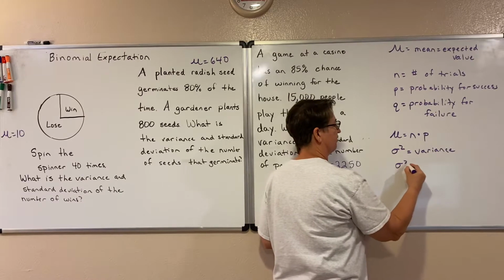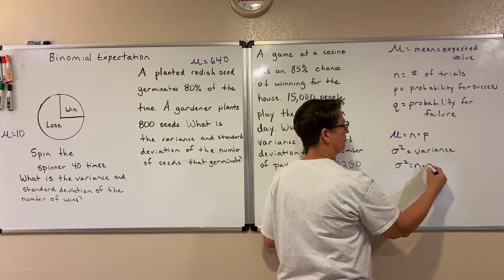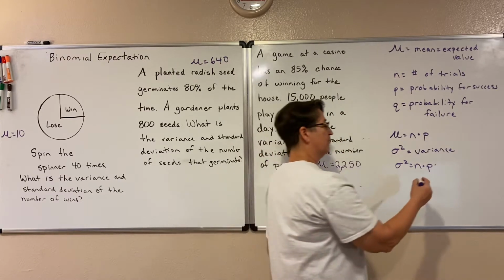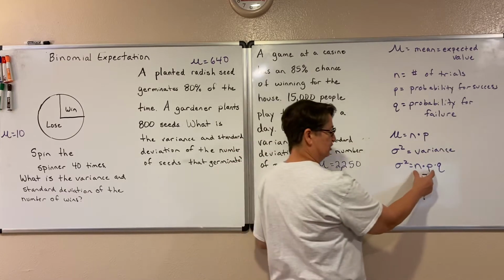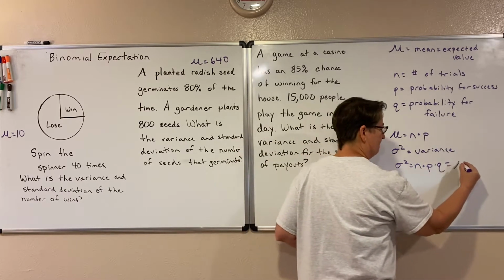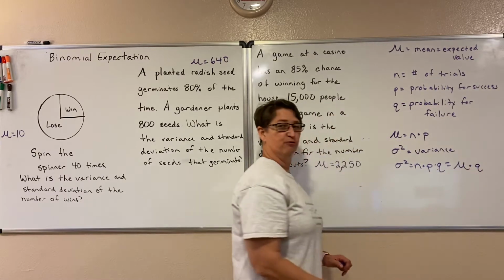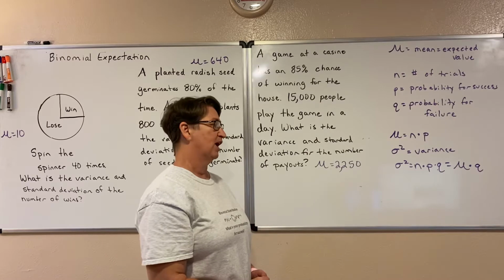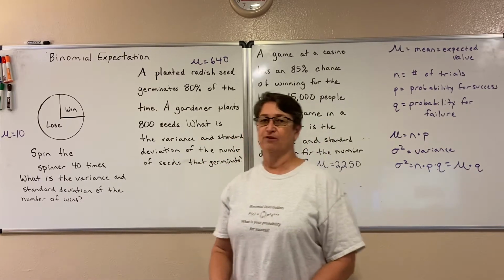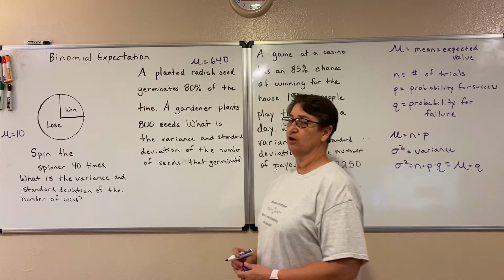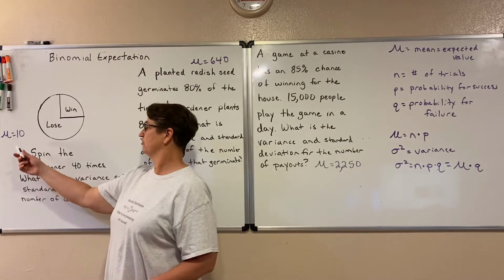We take that same number of trials times the probability for success and multiply that times the probability for failure. Or you could just call this the expected value times your probability for failure. So we can just take our expected value and multiply it times the probability for failure to find the variance, how much our situation varies.